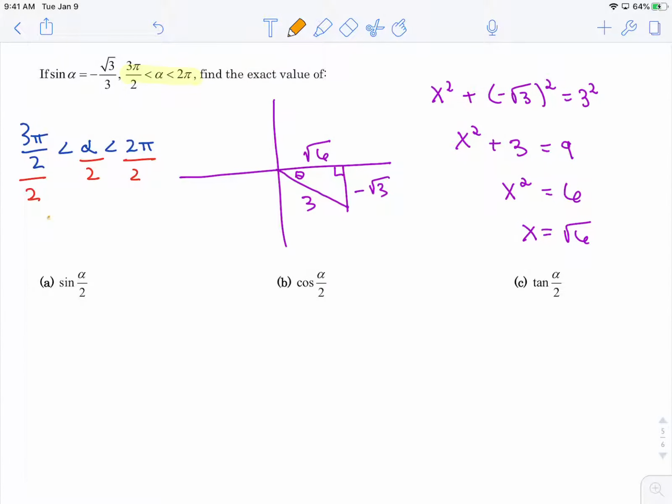Well, you have to be consistent and do it to everything. So if I have 3 pi over 2, I get 3 pi over 4. I get alpha over 2. And I get pi. So let's think about that. 3 pi over 4 and pi, that would be in the second quadrant, correct? Another way to think about this is choose an angle in the fourth quadrant.